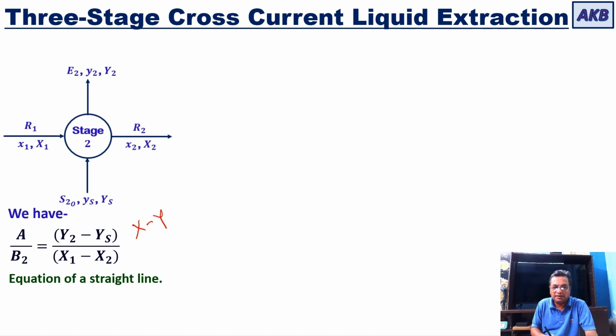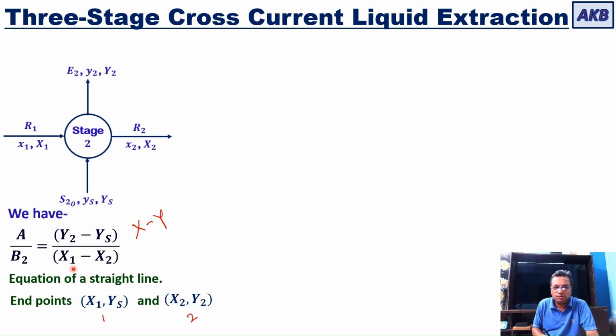It is a straight line, equation of a straight line, and endpoints of this straight line are x1 y1 and x2 y2. So if this is end 1 and this is end 2, then we need to arrange this equation in such a way that coordinates of end 2 are subtracted from coordinates of end 1.